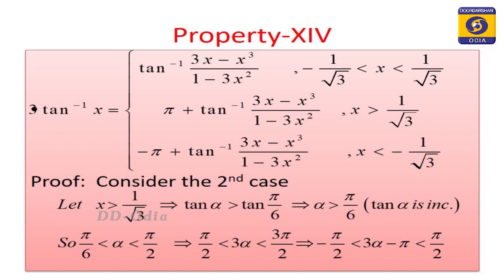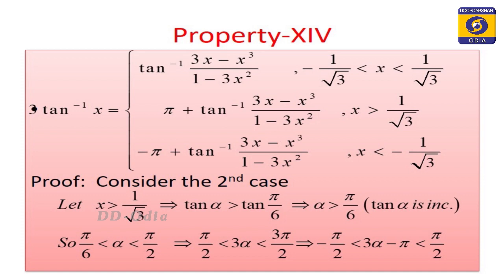So take the second case, that is x greater than 1 by root 3. So for x greater than 1 by root 3, with x as tan alpha, and 1 by root 3 being tan pi by 6, tan alpha is greater than tan pi by 6.